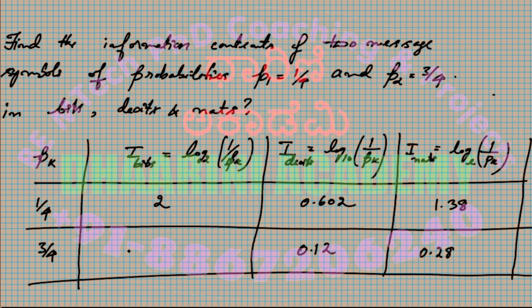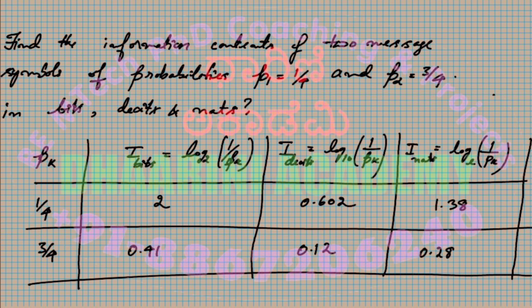So we have 0.41. So we can see that the probability is more, will have lesser information content. So one point is very clear now: how do we measure the information, what will be the representation, and what are the various units used. We have understood so far.